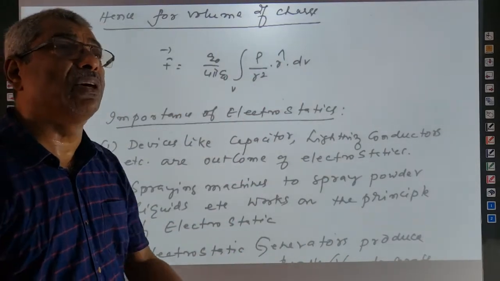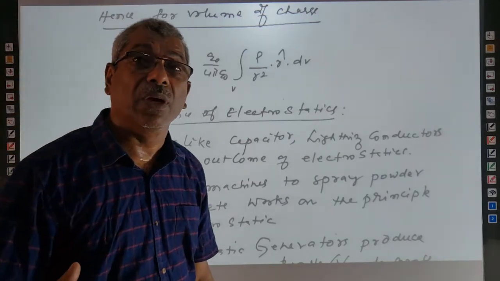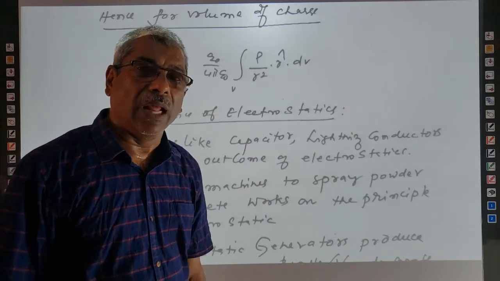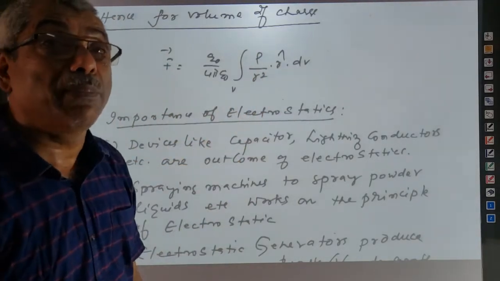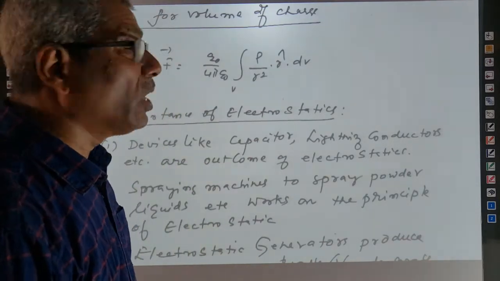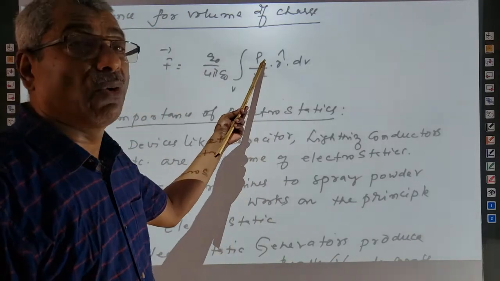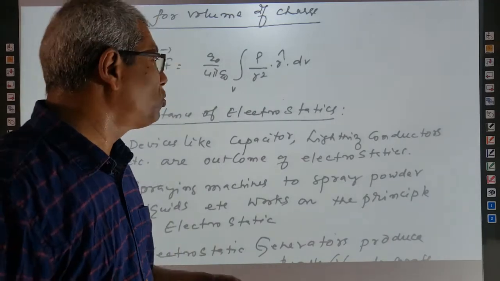Charges are continuously distributed in different bodies, and the electrostatic force due to them on a test charge is calculated by different methods. Here rho is called the volume density of charge, and its unit is coulomb per meter cube, that is, coulomb meter raised to minus 3.